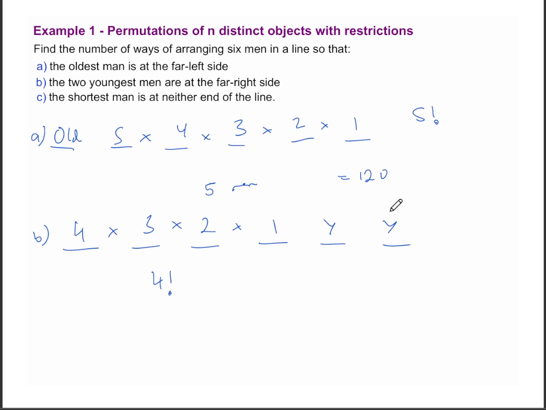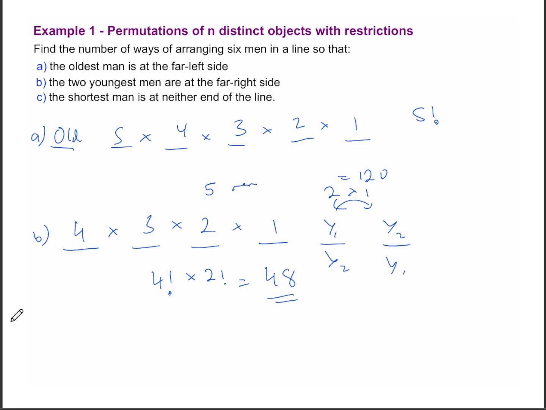But for these 2 young men, we haven't been given restrictions as to which one has to stay in the second position from the right in the line, and which one has to stay in the first position from the right. So these 2 can switch as well. If you name them Y1 and Y2, we have either Y1 and Y2 or Y2 and Y1. Because we have 2 people, Y1 and Y2, and there are 2 spaces, which gives us 2 times 1. So this will just be 4 factorial times 2 factorial, which gives us an answer of 48.